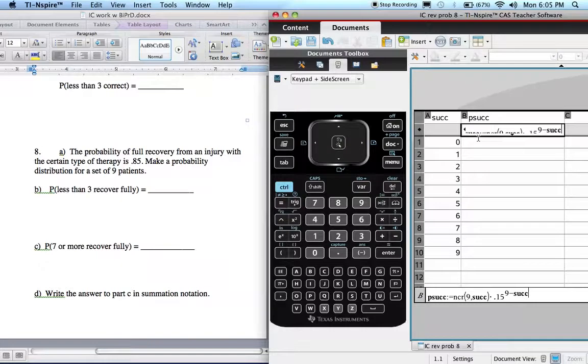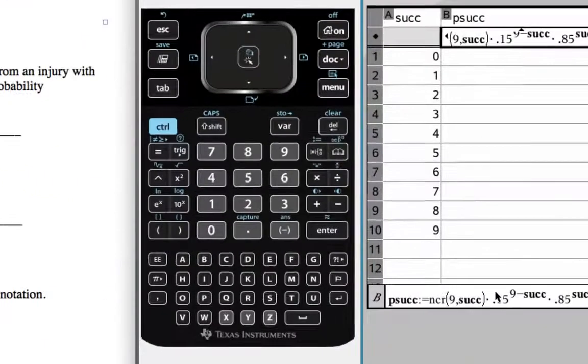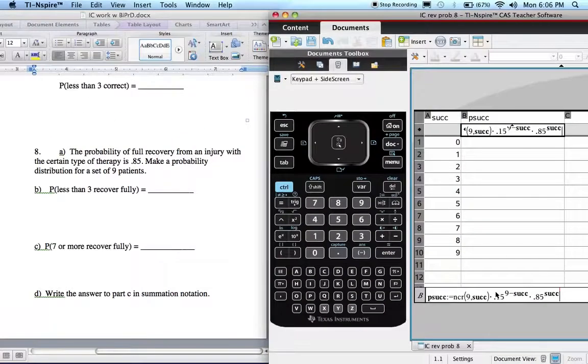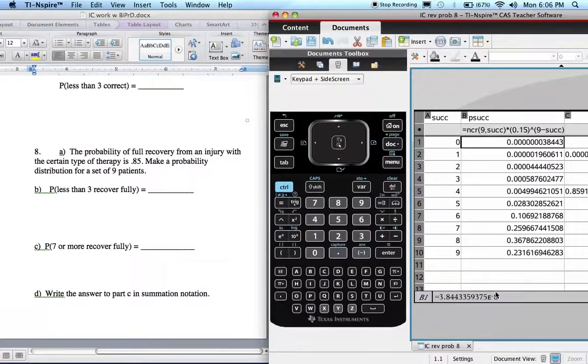That's sort of taken the place of k, times 0.85 to the k, or successes. So if we do that, and you can see the command right there, we should be able to calculate those probabilities.